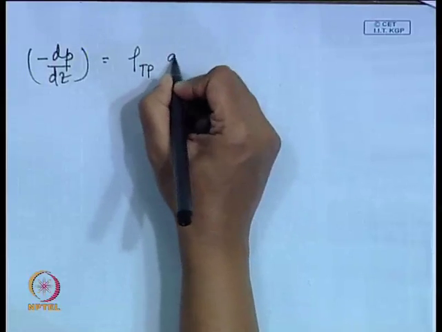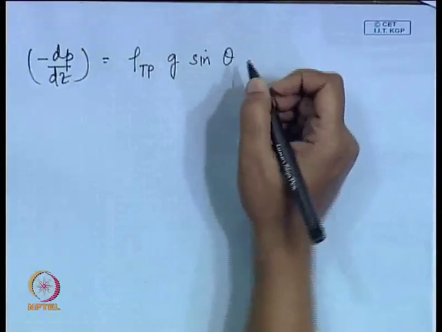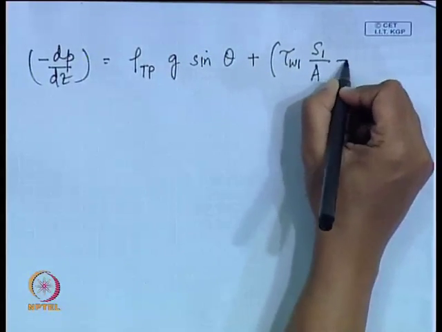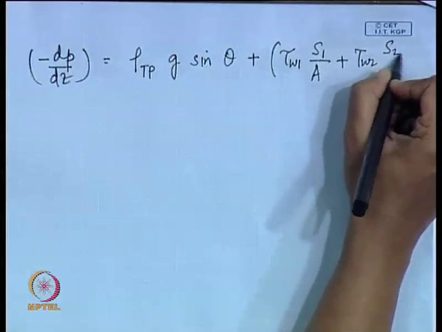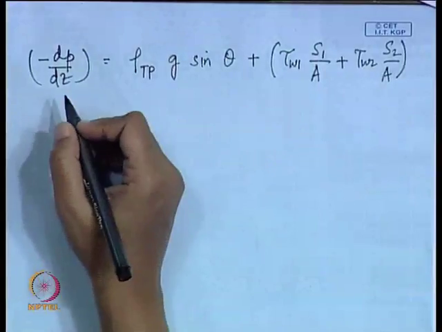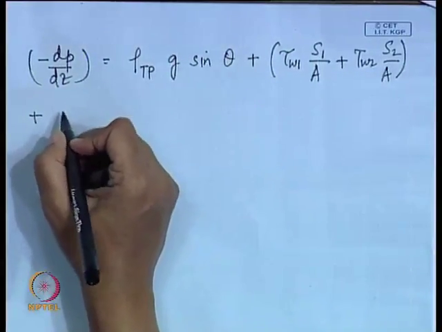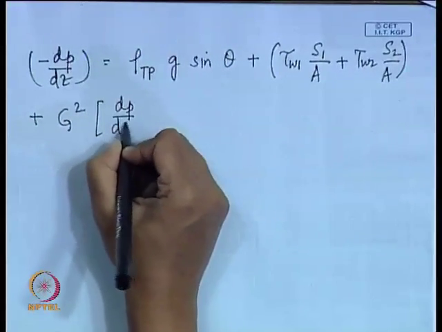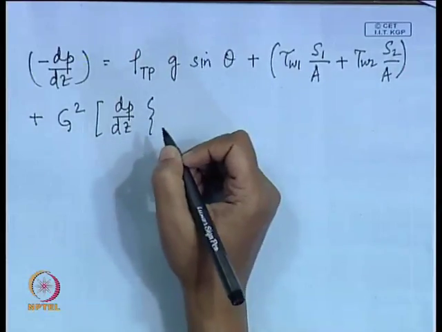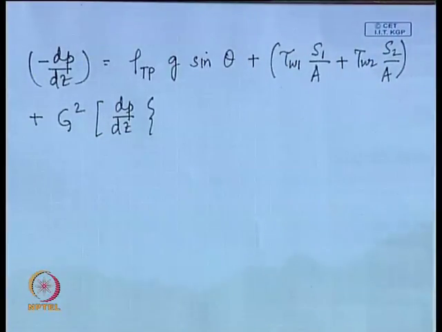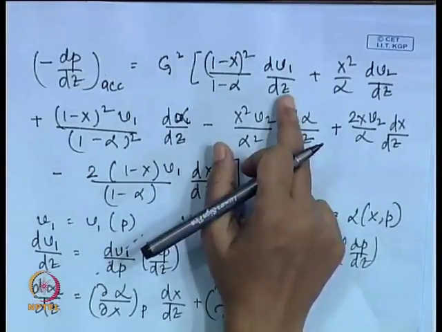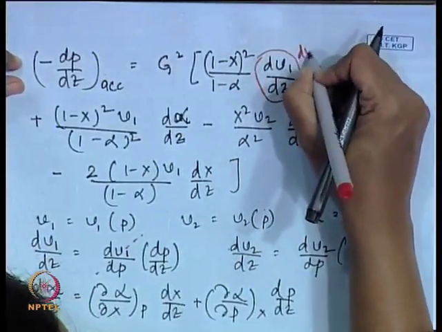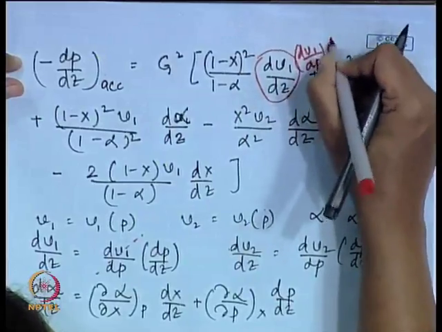So, we can write it down as rho T p g sin theta plus the frictional part, tau W1 S1 by A plus tau W2 S2 by A, plus, if this acceleration pressure gradient is substituted, we get G square, taking the dp dz terms together. Here instead of dv1 dz, we can write dv1 dp into dp dz.